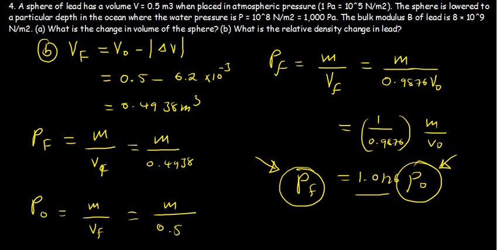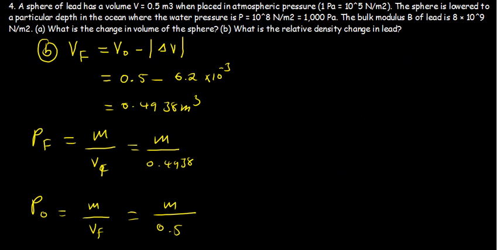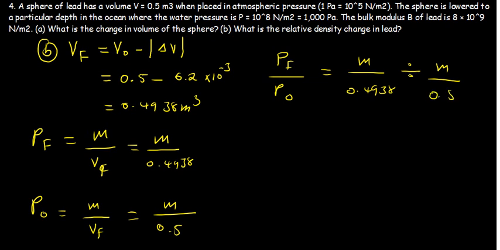And so relative density is the density after a change divided by the density before a change. So that would be ρ final over ρ initial. And that will be equal to, the final one is mass over 0.4938, and then divided by the initial one, it is mass over 0.5.